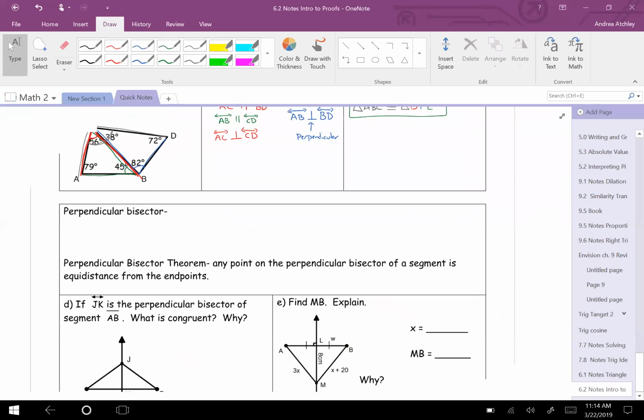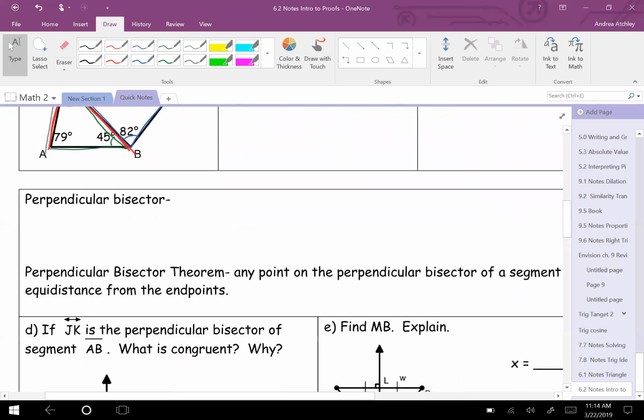Now, perpendicular bisector. Okay, that's what we're going to learn right now. The definition of a perpendicular bisector. We need two things to be a perpendicular bisector. Any guesses at what we need? I don't need a triangle necessarily. Yes?